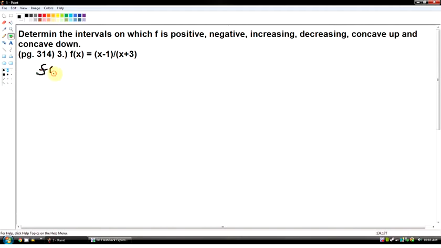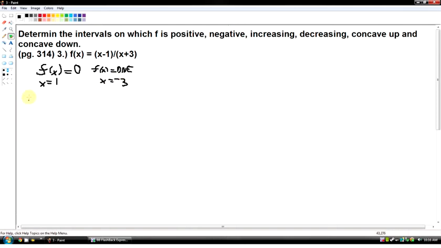For our numerator, f of x is equal to 0 where x is equal to 1. And for our denominator, f of x does not exist where x equals negative 3.